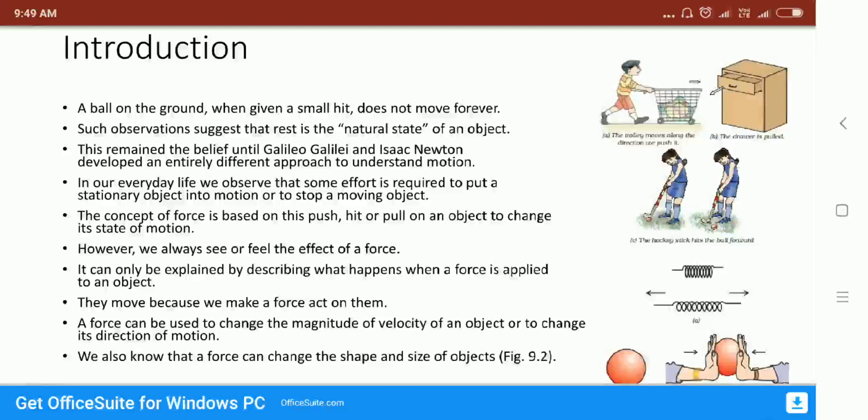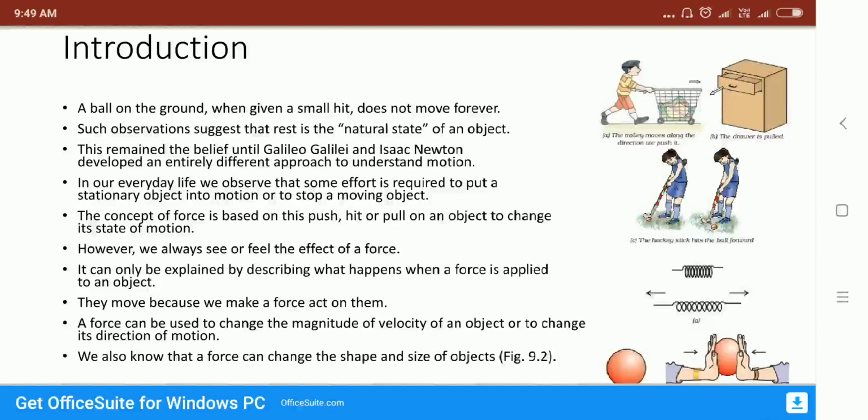The force must be in terms of push, pull or hit. So to give a force on the object, either way we can change the position of the object and get it into a motion condition.